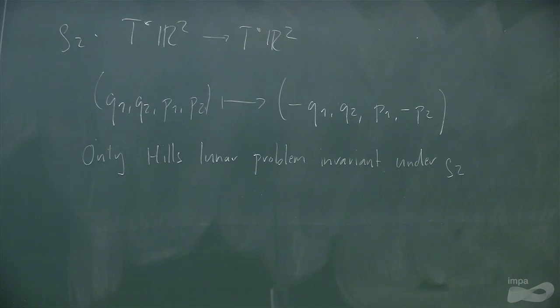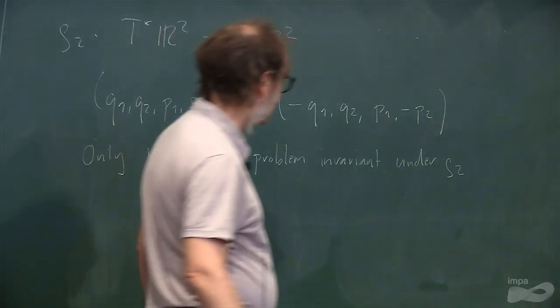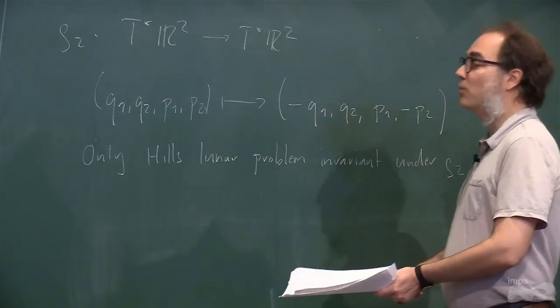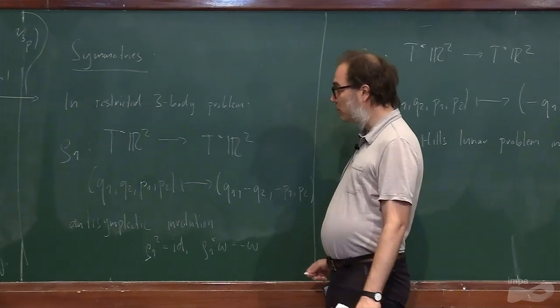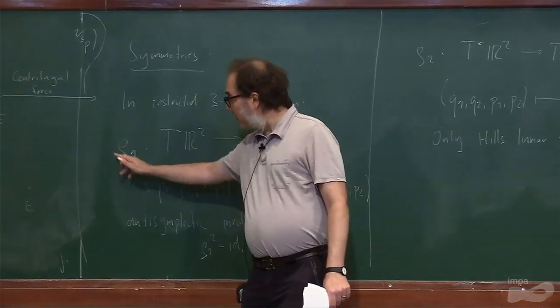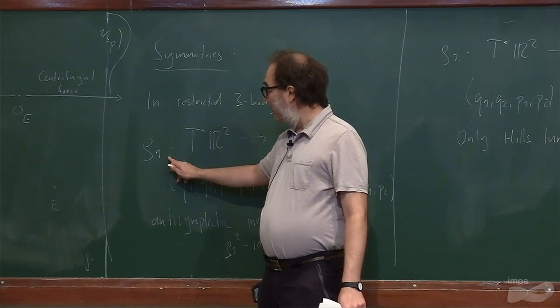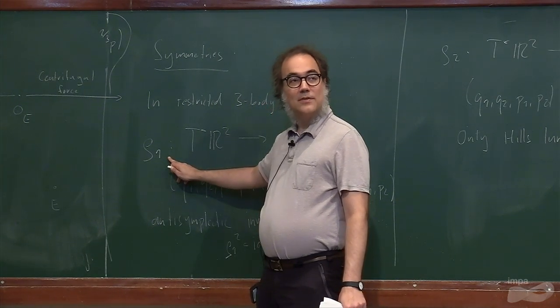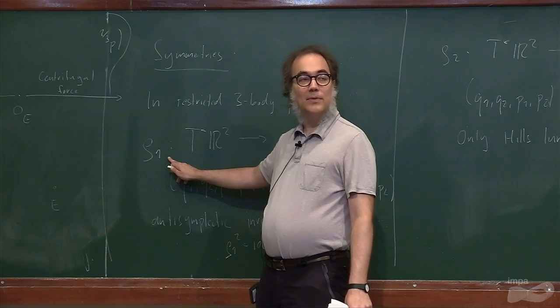So what can we do with this antisymplectic involution? Because we have this rho 1, this leads to the so-called symmetric periodic orbits.